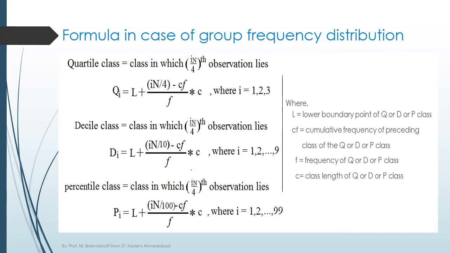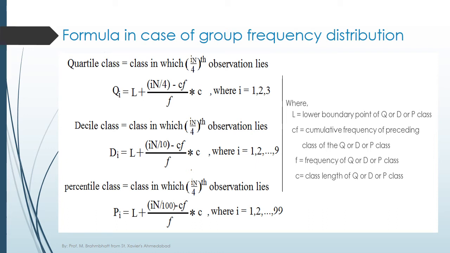Let's see the formula in case of grouped frequency distribution. It's similar to the median. You have to follow the two-step procedure to find quartile, deciles and percentile. The first step is to find the particular class.